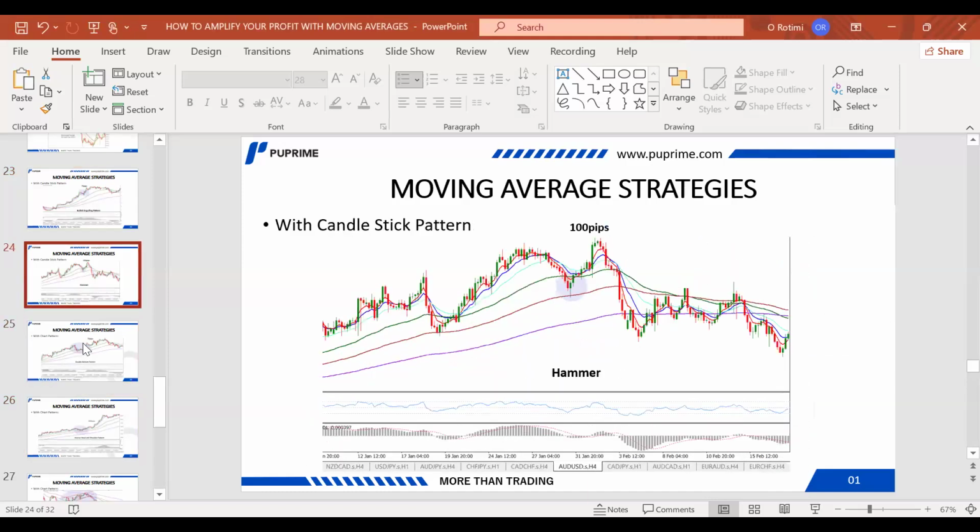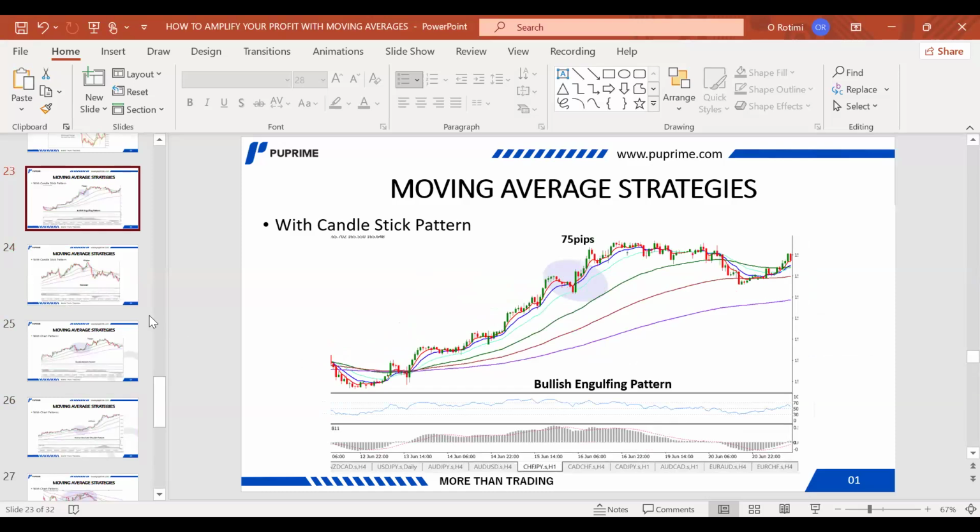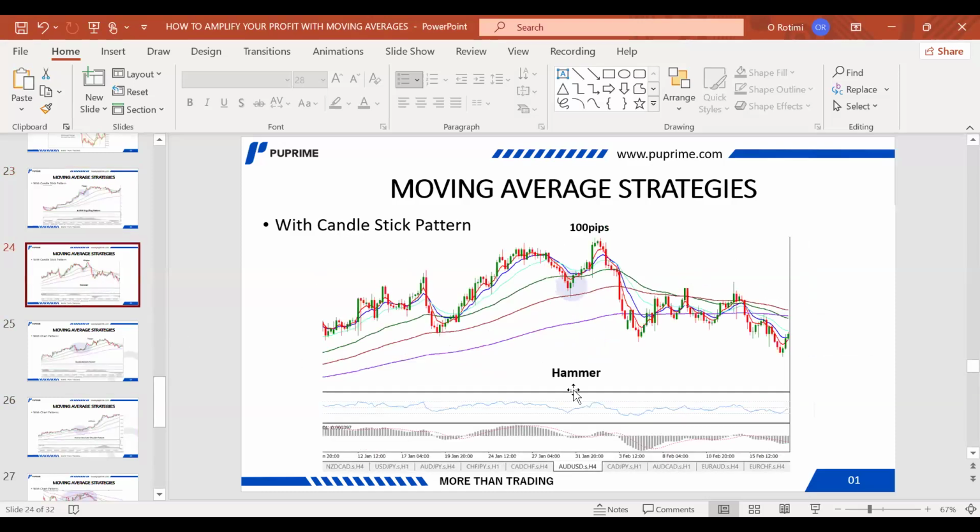It's possible to still add. This is the first one, with the bullish engulfing pattern. Again, we have an uptrend from the moving average in combination with a candlestick pattern. The second one is another candlestick pattern, which is a hammer.